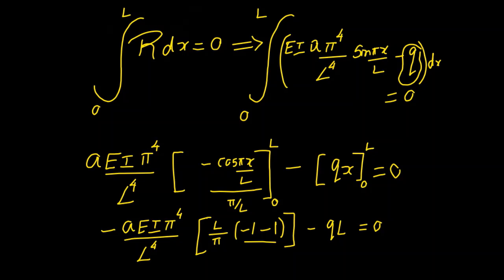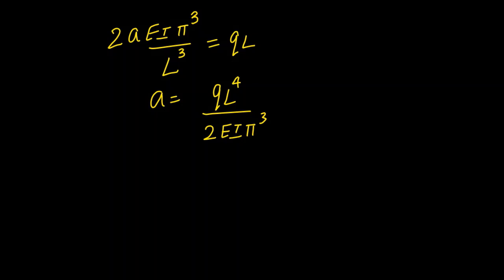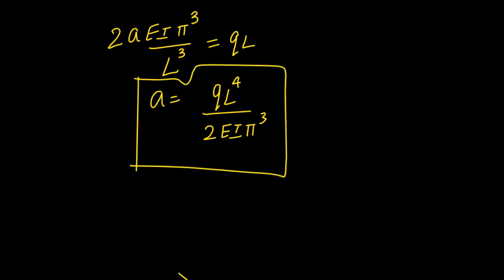So what you are going to get is pi cube over L cube. And you take this QL onto the right hand side, so you get it equal to QL. So all you have to do is find the value of A. So it is QL raised to the power 4 over 2 EI into pi cube. So that is the value of A. I have got the value of A.